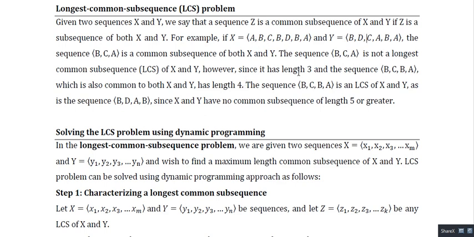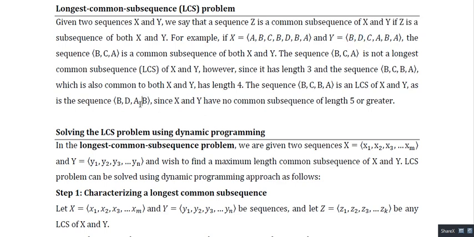So we will call BCBA an LCS, a longest common subsequence, of x and y. Similarly, we can have another LCS of exactly length 4, that is BDBA. Sorry, there is a printing mistake in the slide; it should be BDBA. It is also present here.